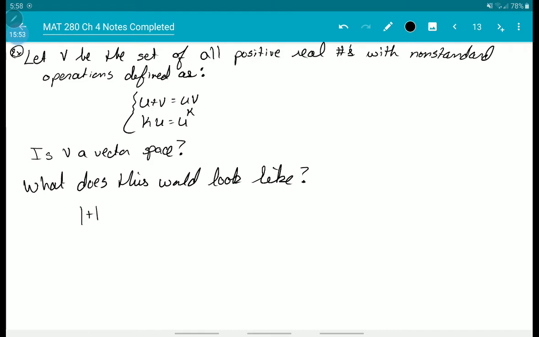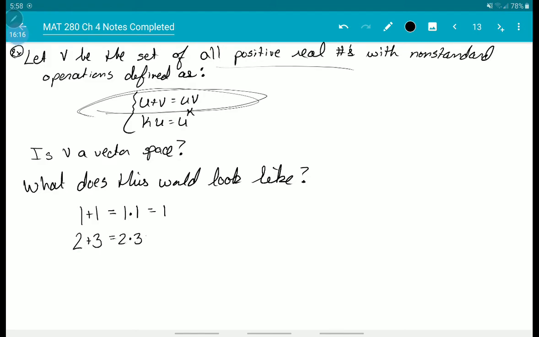Those are two positive real numbers. Under this definition, if I were to add them together, I'm really going to end up multiplying. So I'm going to get 1. If I take 2 plus 3 here, I have positive real numbers. I'm adding them together under that definition. That means multiply. So we're going to get 6.